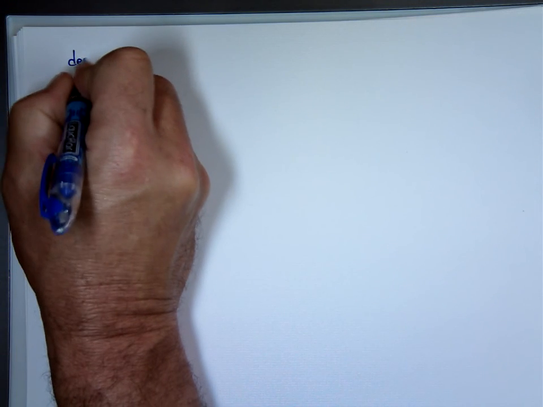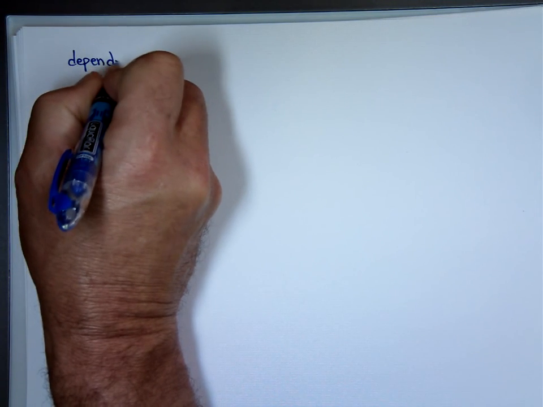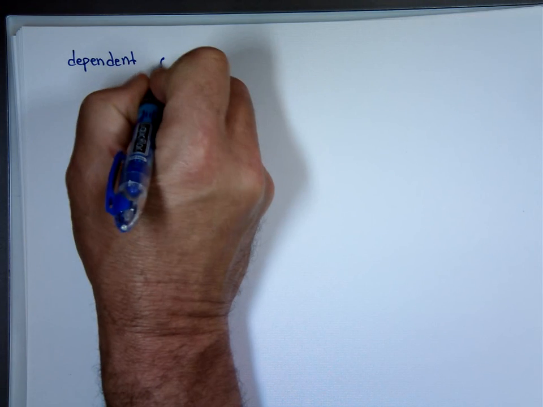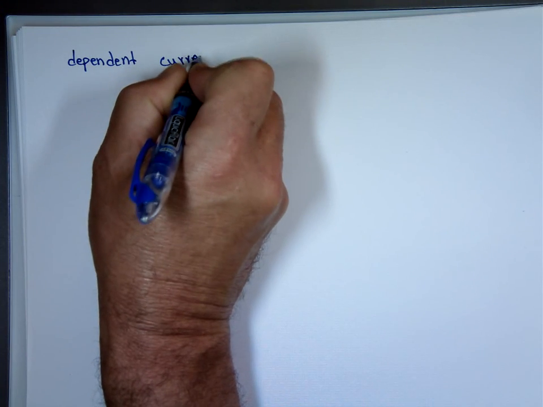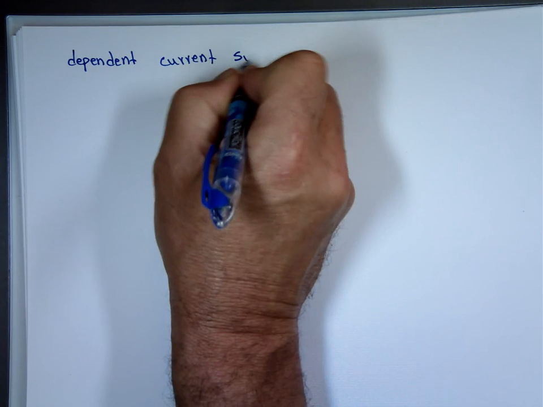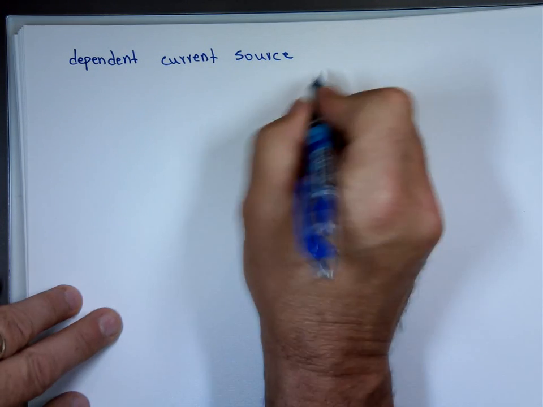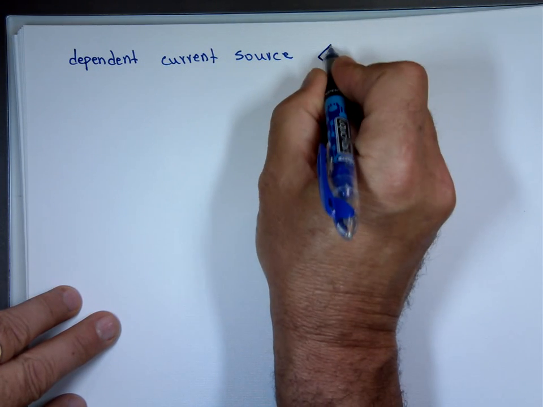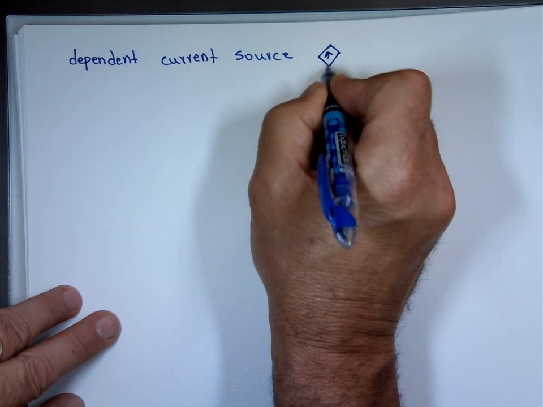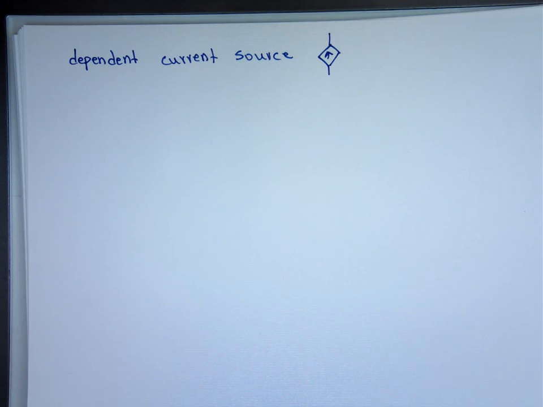We'll look at a dependent current source. And we use the diamond shape for a dependent current source, with the arrow there.